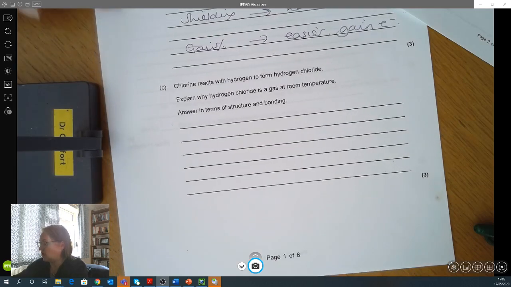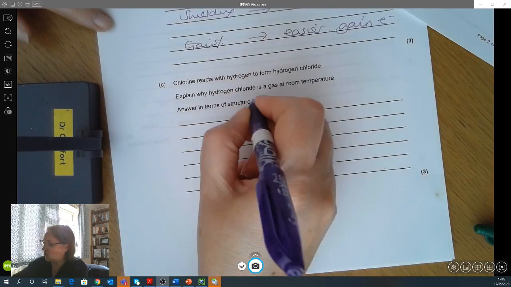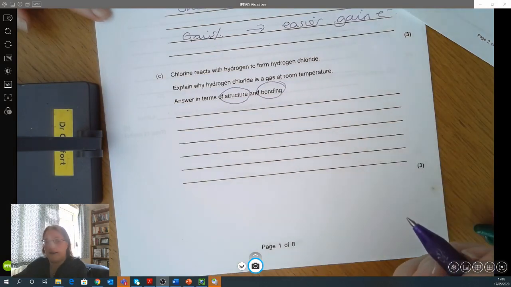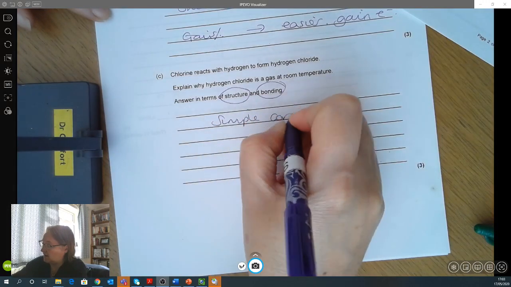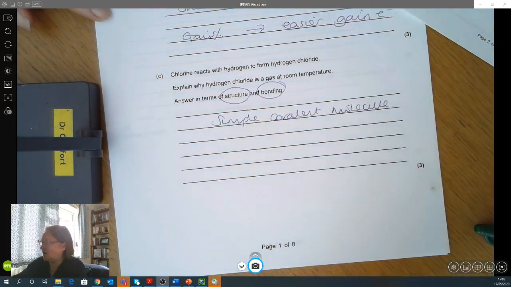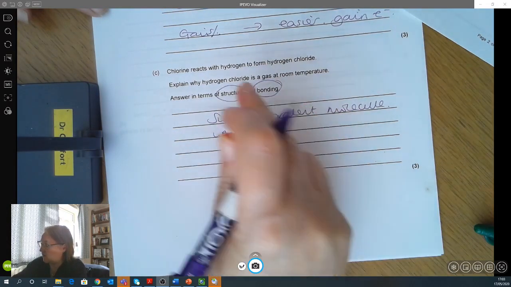Chlorine reacts with hydrogen to form hydrogen chloride. Why is hydrogen chloride a gas at room temperature in terms of structure and bonding? So hydrogen chloride is a simple covalent molecule. It's one of the ones I have to know. So if it's a simple covalent molecule, I know straight away why it's a gas.